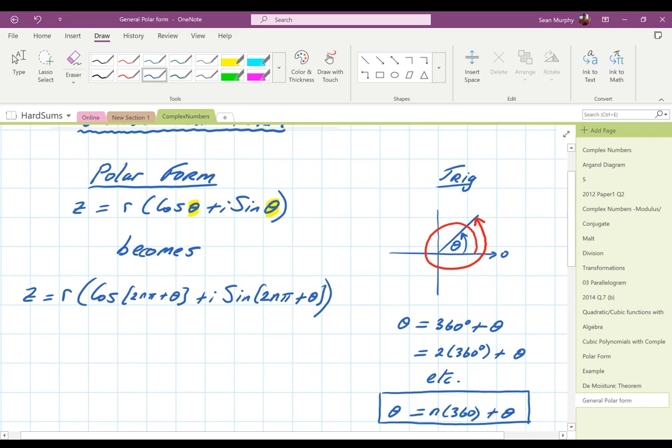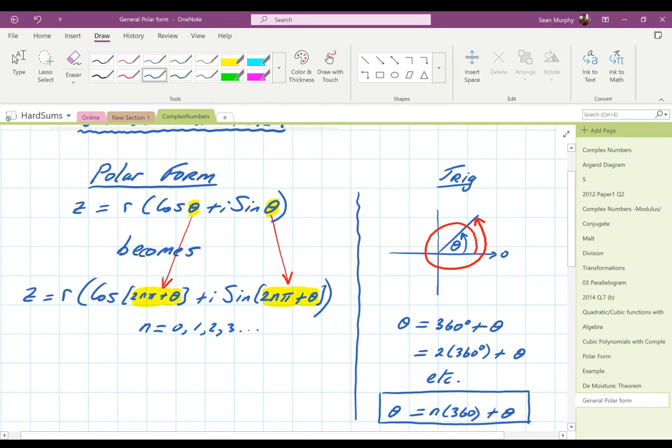We have replaced theta with the full version of theta, as it were, the version that you get when you keep going around as often as you want around the circle. So theta has become 2n pi plus theta, and that is the big change for general polar form. So we've now gone from polar form to what we call general polar form, as long as n can be anything from 0 upwards.